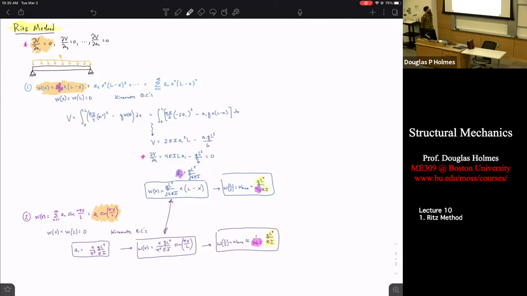All right, I will give you the hint that will give it away. Are these the only boundary conditions that this beam needs to satisfy?